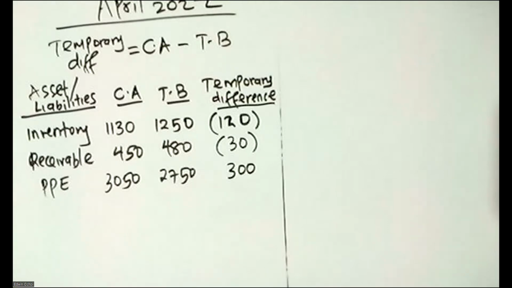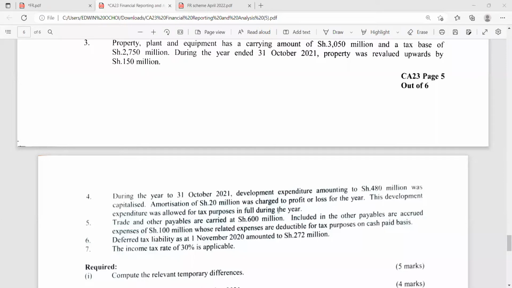So the second last item, number 4. Which type of asset was there? Development expenditure. Remember that expenditures or any cost you incur prior to the formation of an entity is an asset. During the year to 31st October 2021, development expenditure amounting to 480 was capitalized.